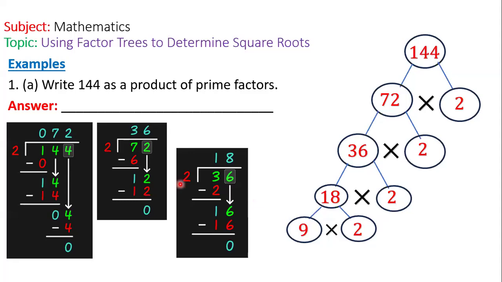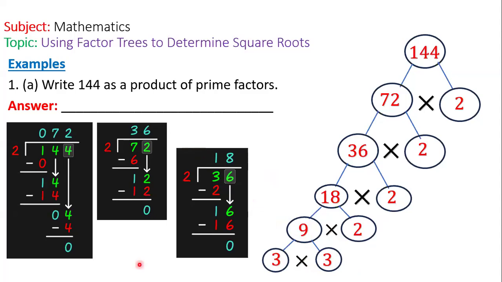No, we can use 3 instead of 2, so it won't be a remainder. It wouldn't be a prime factor. We could use 3. So 3 times 3 is 9. Can we go lower? No, sir. Because 3 is prime.